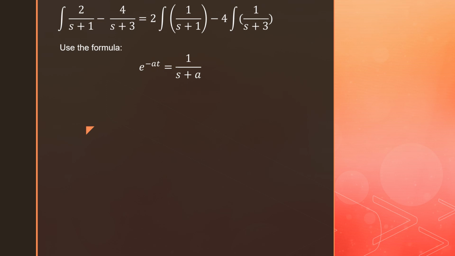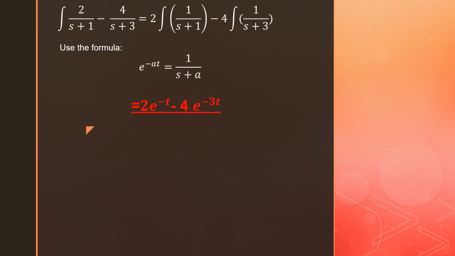Using the formula at the Laplace transform table, we are going to use letter B. So the Laplace transform of 1 over s plus 1 is e raised to negative at. So the 2 stays, and for a, we don't have a value of a, so it just goes straight to negative at, and minus 4e raised to negative 3t.